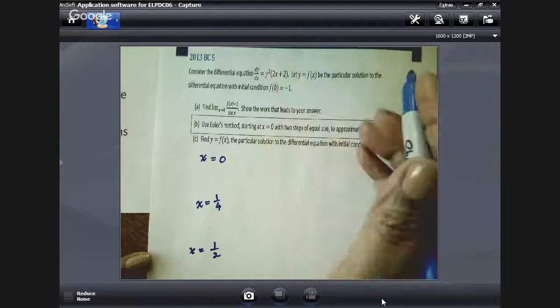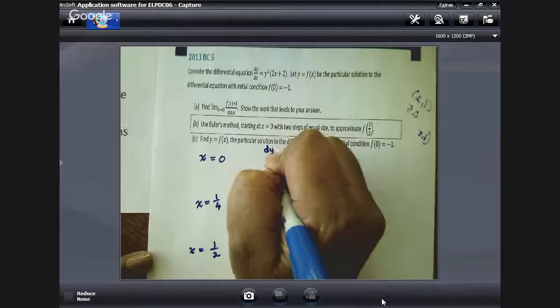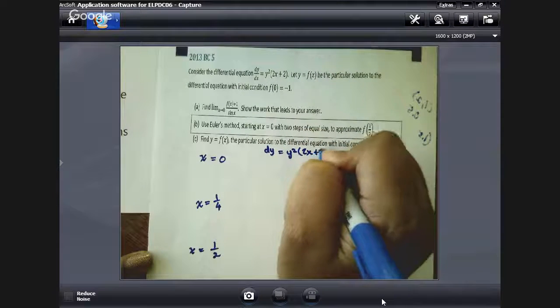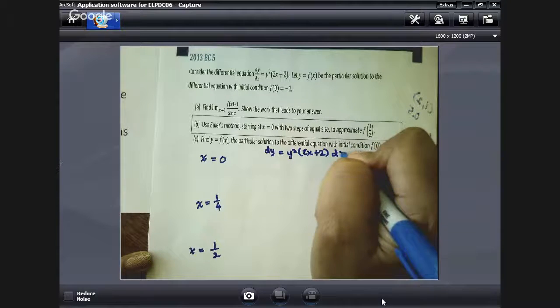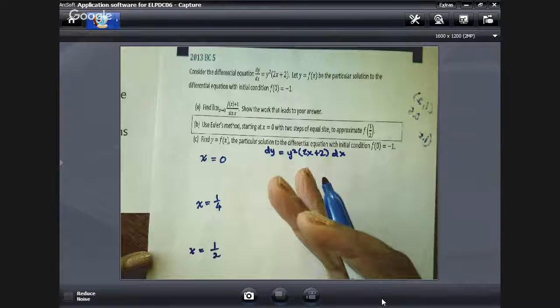So since this expression up here is dy/dx, that means that dy is equal to y squared times (2x plus 2) times dx, right? So we're going to have to calculate this new dy every time. So I like to think of it as writing an equation for a tangent line.